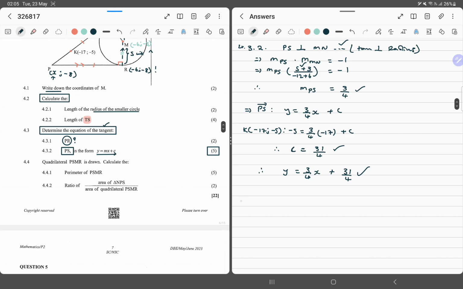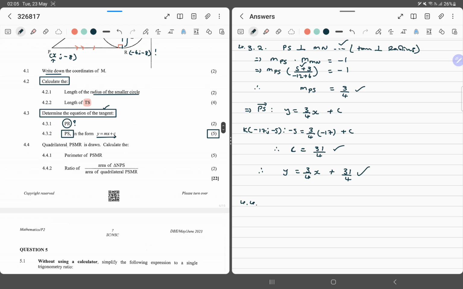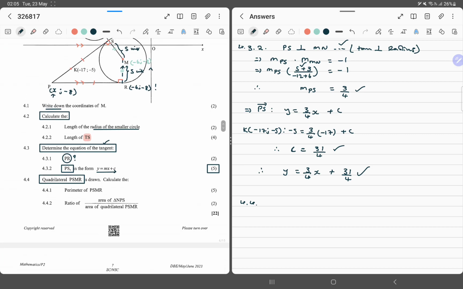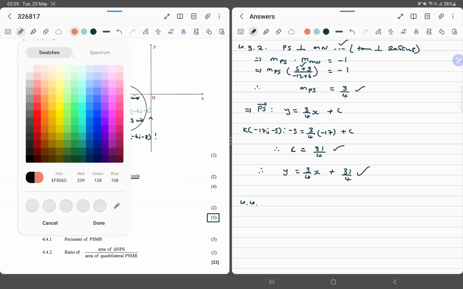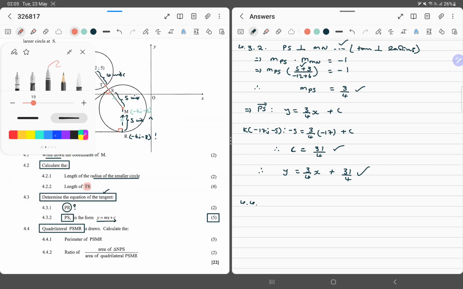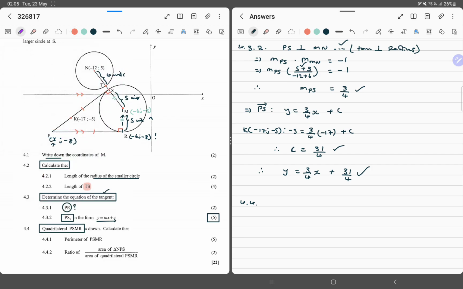Nothing really special. Again, 4.4, we're told quadrilateral PSMR is drawn, so let's just do it.